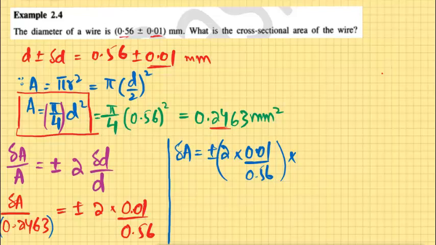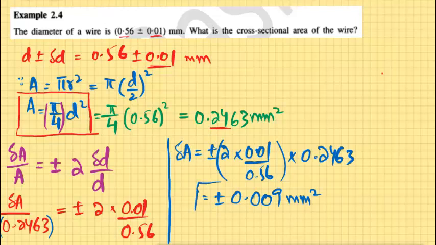You see this 0.2463 is getting divided on the left hand side, so when I move it to the right hand side, it will get multiplied. So I have 0.2463 getting multiplied with the whole term. Now if I calculate the final value, I will get the answer as plus minus 0.009 millimeter square.